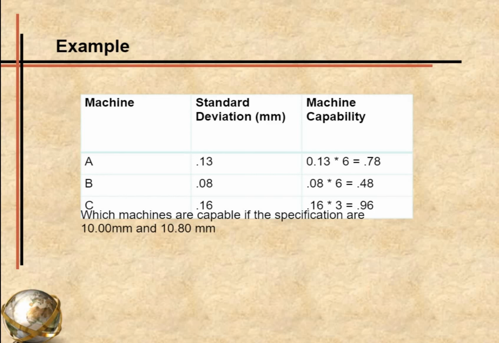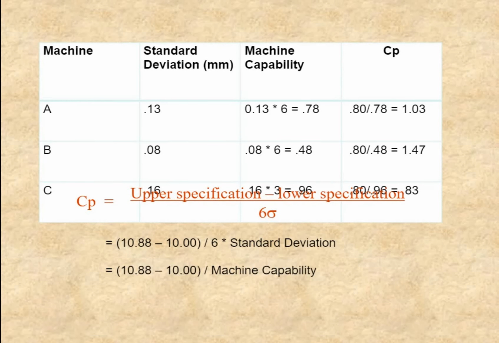Now 10.00 is basically the lower specification, 10.80 is the upper specification. So now we're ready to plug numbers into the formula.